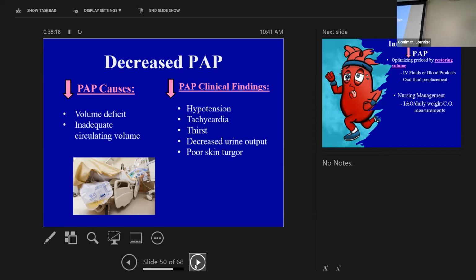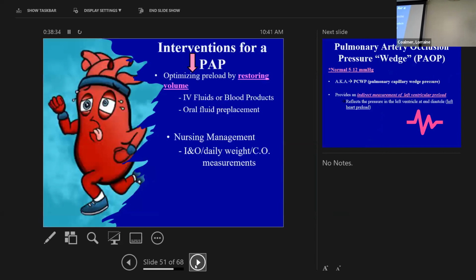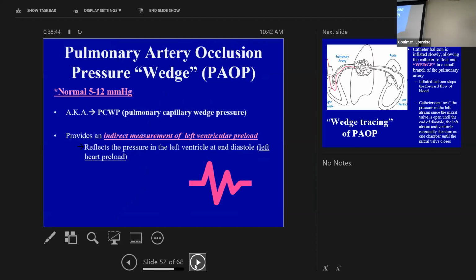So I can really make that judgment: CVP is 0 and the pulmonary artery pressure is 9/4. Very low. You guys see that? Now I'm like, oh, I got to get back volume. You guys see that? Okay. Again, give me back the blood if I'm bleeding or if I'm puking, stop my puking volume.